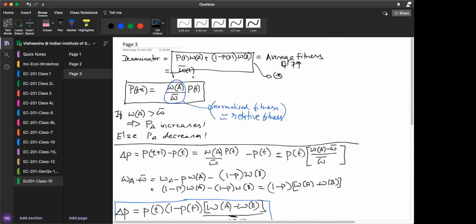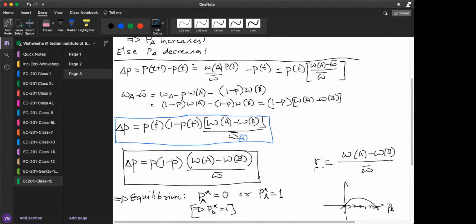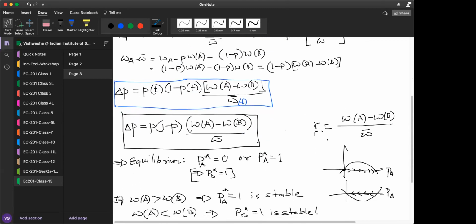So it's a bit more subtle here. Omega bar itself depends on P, which is a time dependent quantity. So R is time varying here. However, this analysis will still be valid as long as the sign of R doesn't change over generations. If the sign of R remains the same over generations, then whatever we just arrived at will still be fine. Okay. So it's important to keep that subtle distinction in mind.